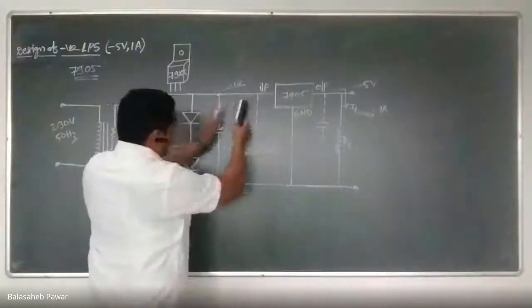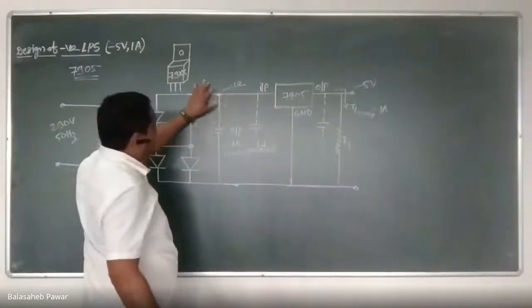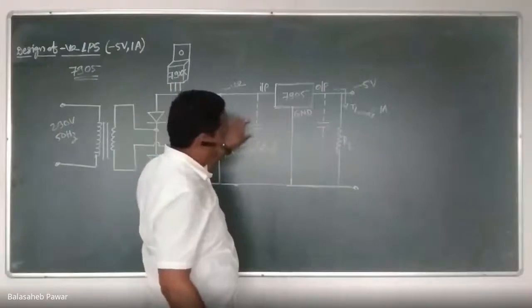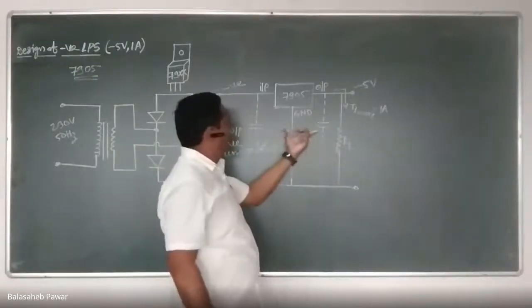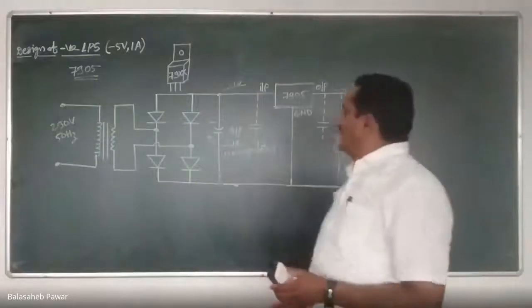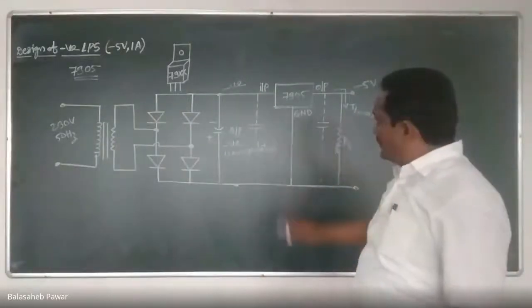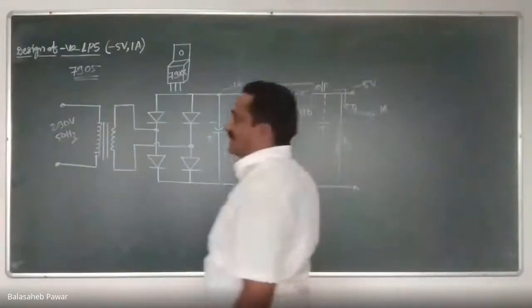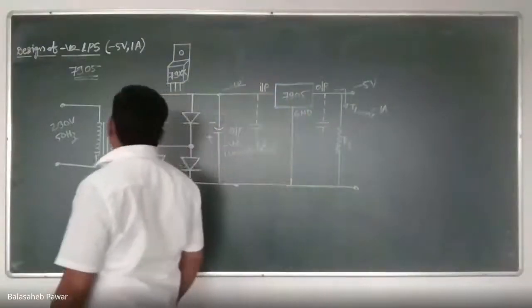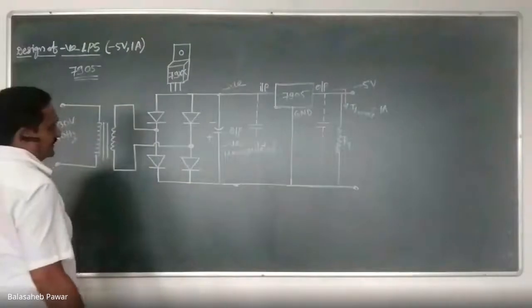If it is very close, immediately across this filter capacitor, then there is no need of these two capacitors. Okay. So these two capacitors are used to improve the transients, remember. And the values are also mentioned in the data sheet, how much capacitor value you can prefer at the input and output side of that regulator IC.